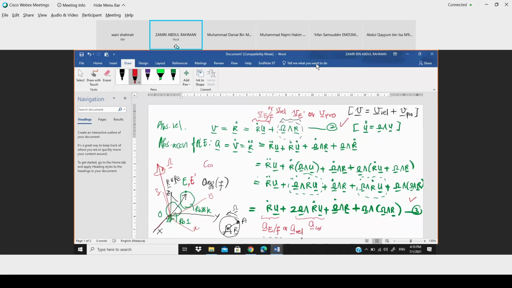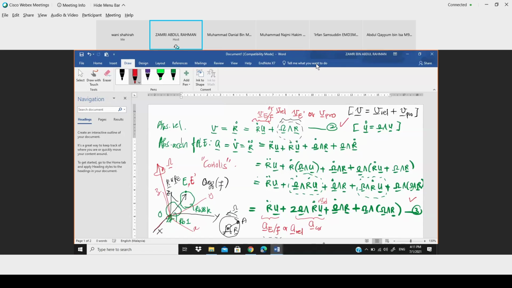So look at the form. It is 2 omega cross R dot U, where R dot U is what? It is VREL actually. If you recall, R dot U here is VREL, or V E relative to the moving frame. So take note, this is actually VREL, or V E relative to the moving frame.